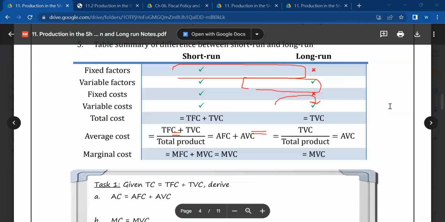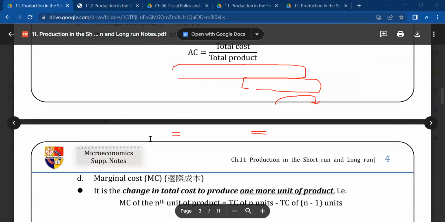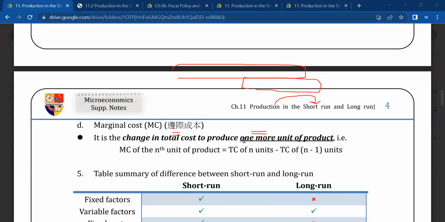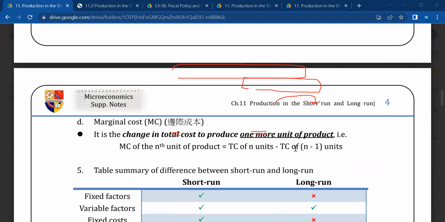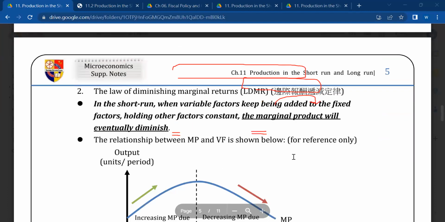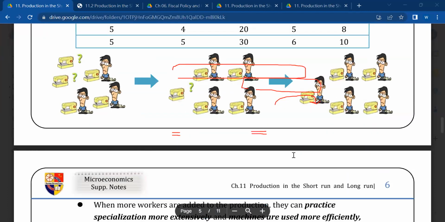Marginal cost: the change in total cost to produce one more unit of product. Okay, the change in the total cost when we employ one more unit.